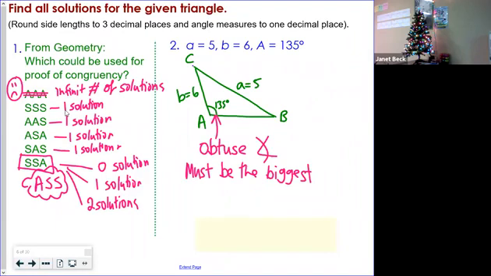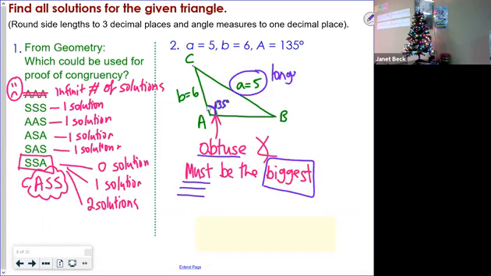We should have been able to look at our first initial diagram and said, you know what, a triangle can only ever have one obtuse angle because it can't have two angles that are bigger than 90 degrees. So if you have an obtuse angle, there's no option. An obtuse angle must be the biggest angle.